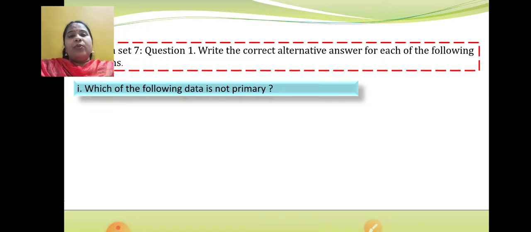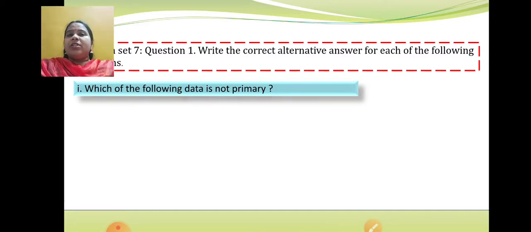I have already told you that there are two types of data, primary and secondary. Now primary data means the investigator himself is collecting all the data, while secondary data is if we are relying on someone else, we are not doing that process by ourselves, we are relying on some other source for that particular information, then that data is called as secondary data.